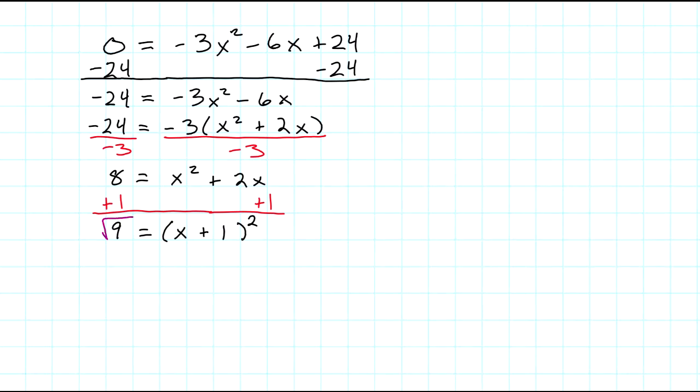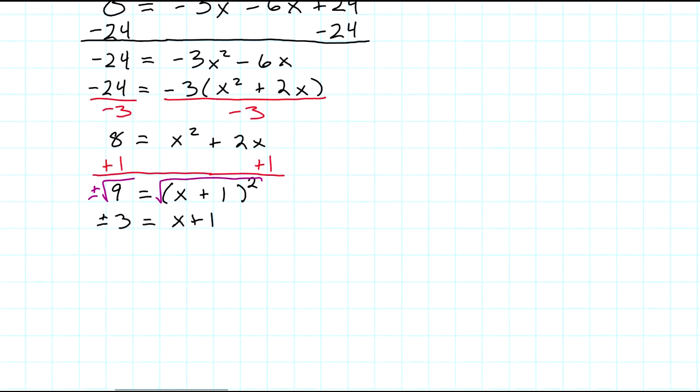And then take the square root of both sides, not forgetting the plus or minus when we do so. So we get plus or minus 3 equals x plus 1. We can then break this into two equations, x plus 1 equals positive 3, or x plus 1 equals negative 3.